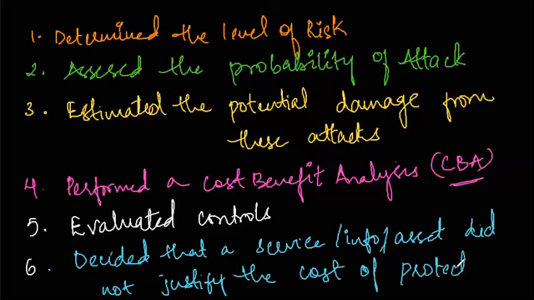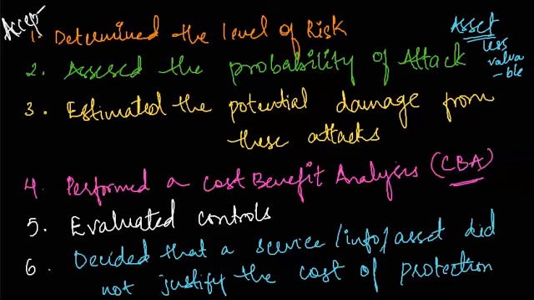Now, this point means that the information that is there within a particular asset is less valuable. As the information is less valuable, the amount of money that you want to put in does not justify the value of that particular information. That is why at this particular instance, you try and accept that particular attack. In these cases, you go for acceptance.